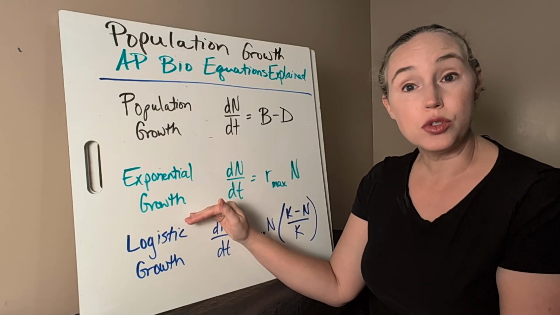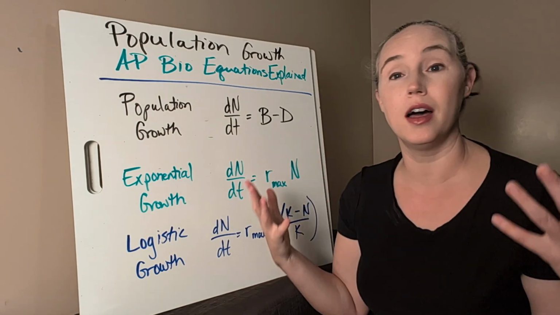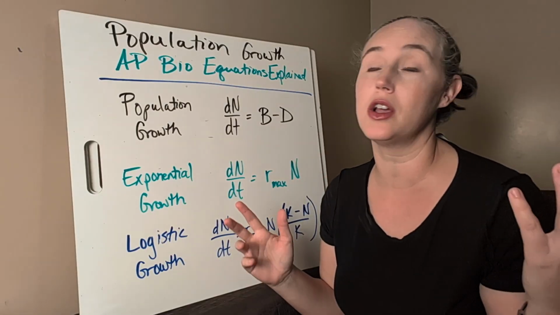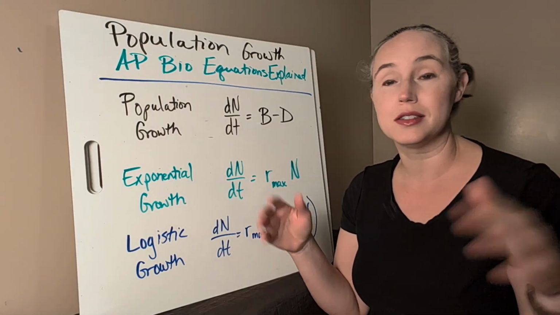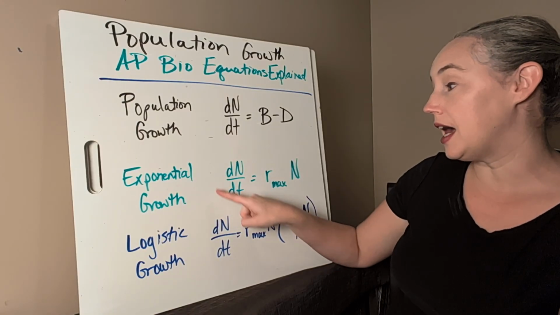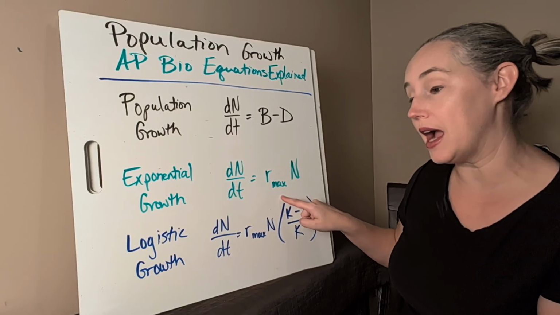In an exponential growth model, which is when the conditions are basically unlimited resources, unlimited space, no sickness, no predators, like everything's great, to find that, you're going to multiply r max.